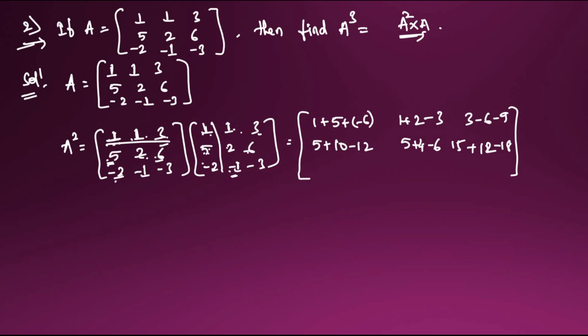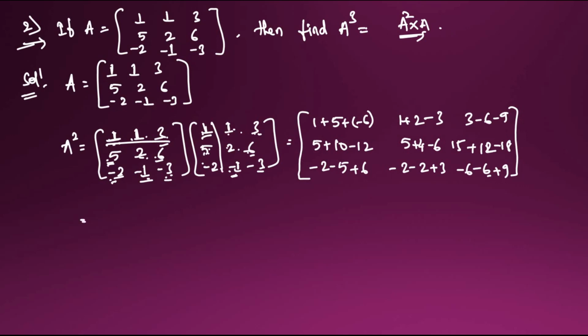Again minus 2 into 1 is minus 2, minus 1 into 5 is minus 5 here, minus 3 into 2 is minus 6, plus 6 here. So minus 1 into 1 is minus 2 will come here, minus 1 into 2 is minus 2, and minus 3 into 1 is minus, plus 3 here, minus 2 into 3 is minus 6 will come, minus 1 into 6 is minus 6, minus 3 into 3 is minus 9, plus 9.